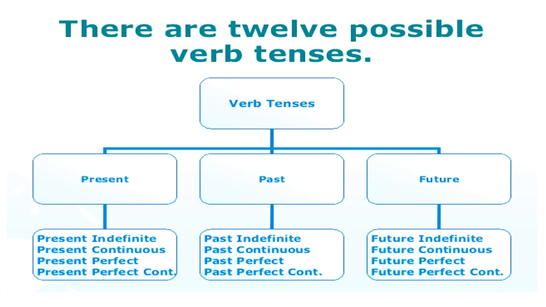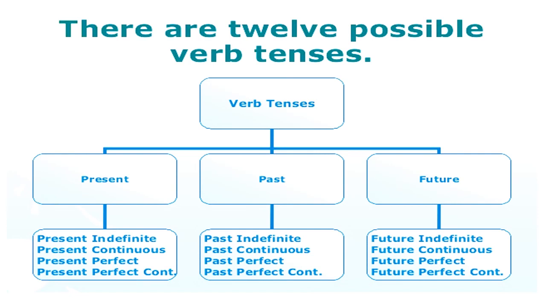Depending on our previous studies for English language, we know the English sentence contains subject, verb, object, adverb or adjective. In this lecture, we focus on verb tenses.